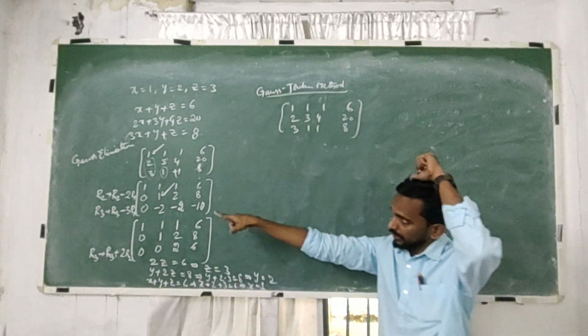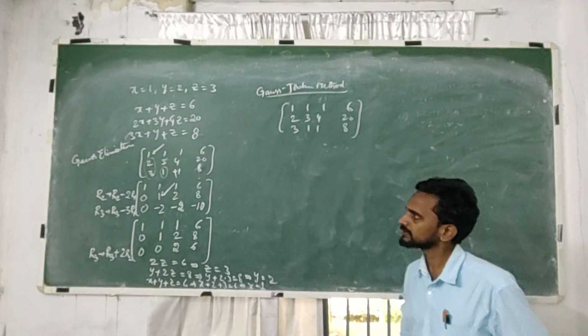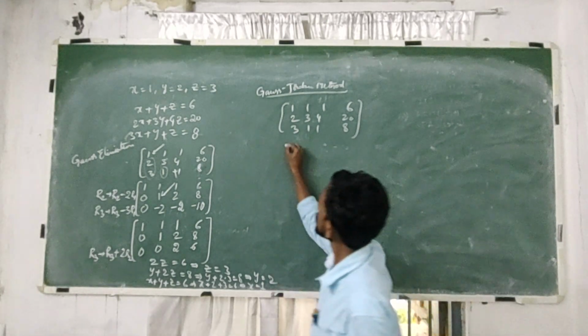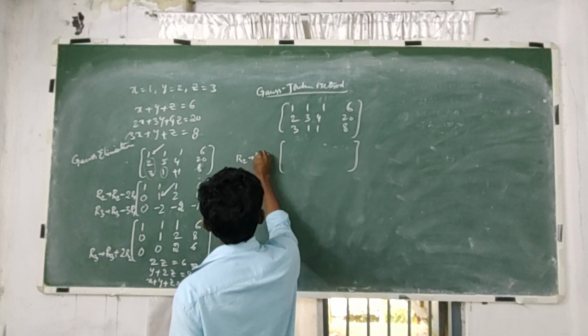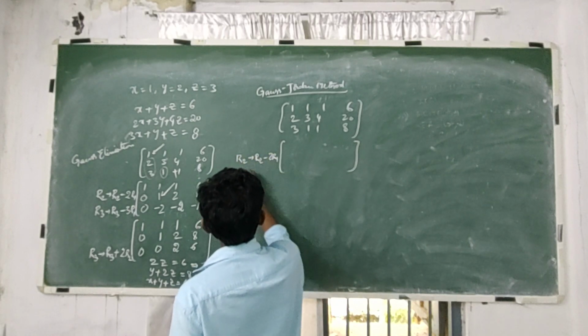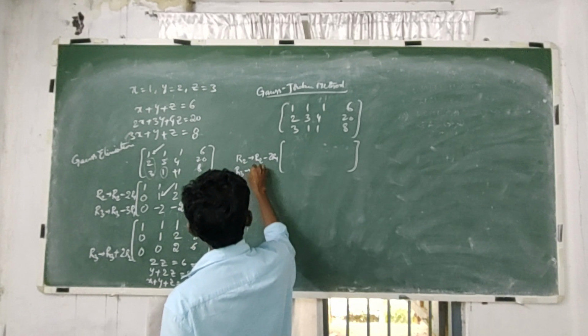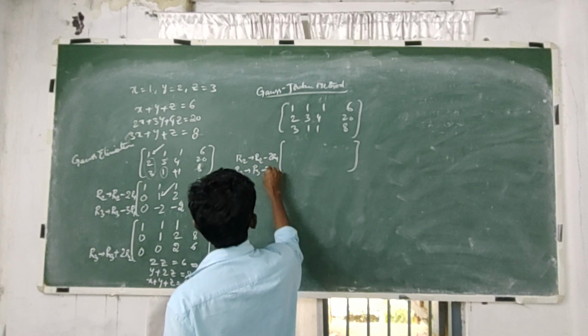So first set is the same set of operations. R2 is R2 minus 2R1. R3 is R3 minus 3R1.